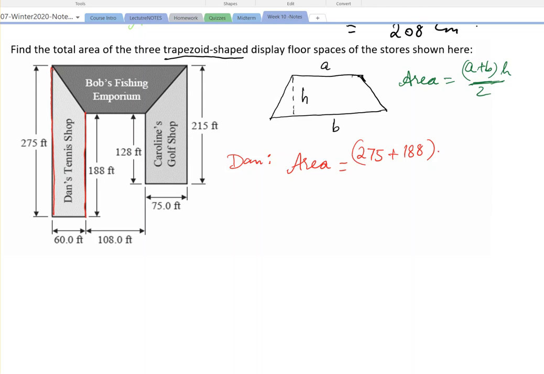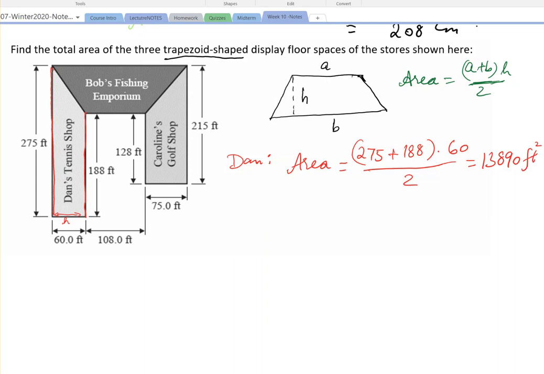The height in this case, this would be h, so this would be 60, divided by 2. And we get the area for Dan's shop, which is 13,890 square feet.